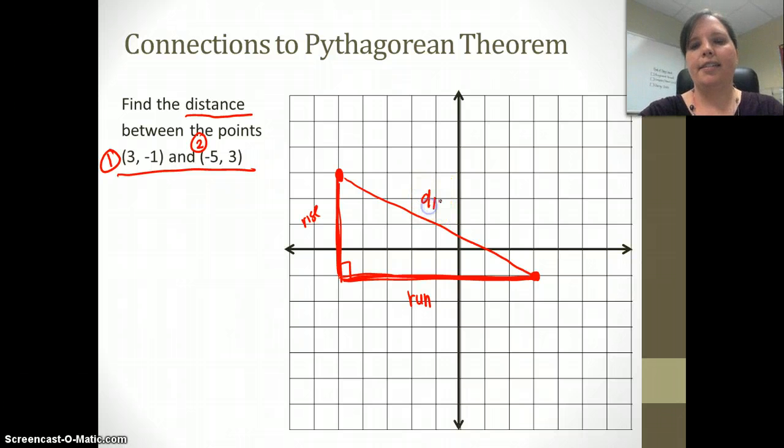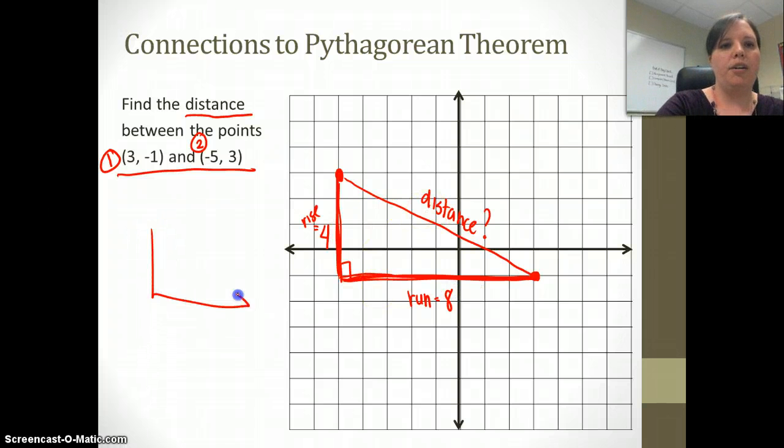This distance is what I'm trying to find. And if you notice on the sides of my triangle here, I can easily count out the rise value is 4, the run value is 8. So it's like the lengths of the sides on my triangle.